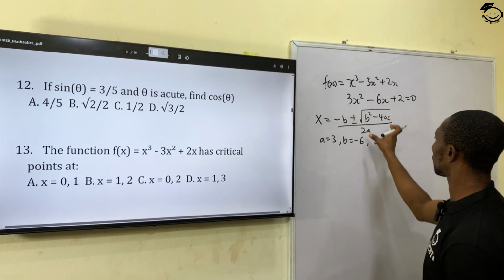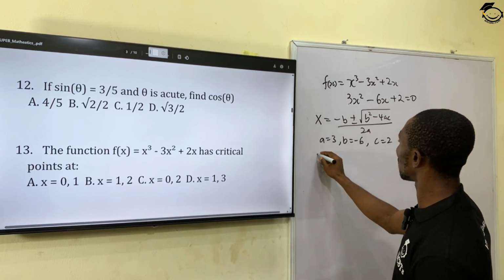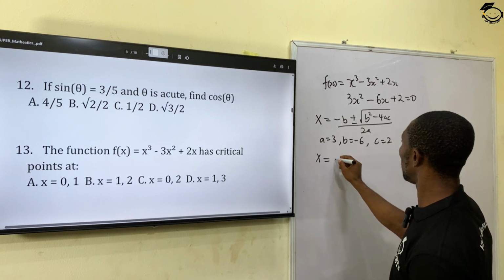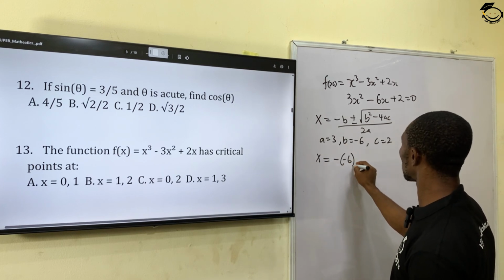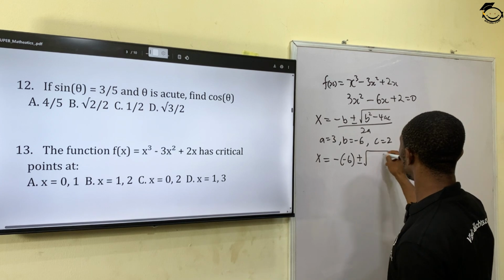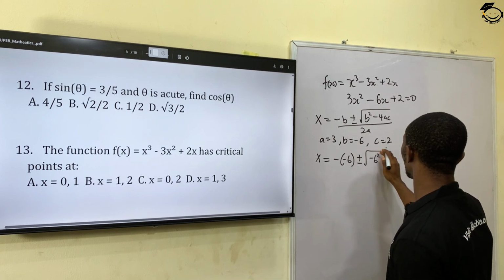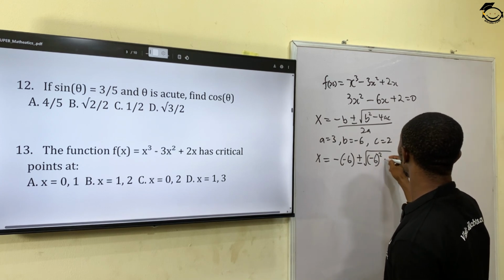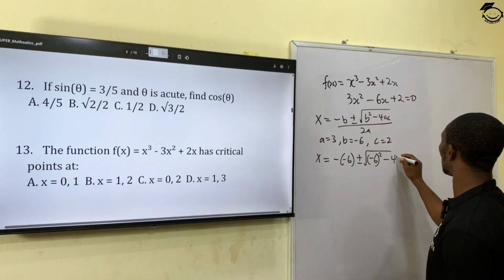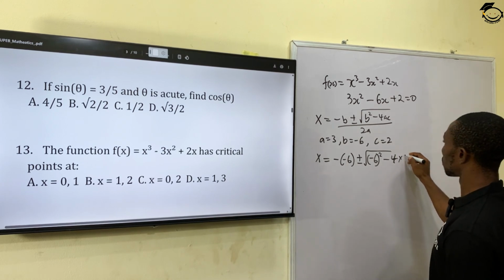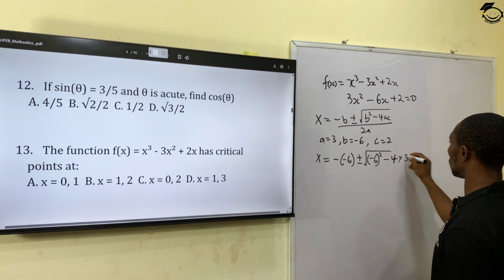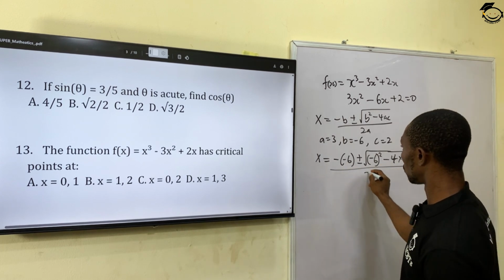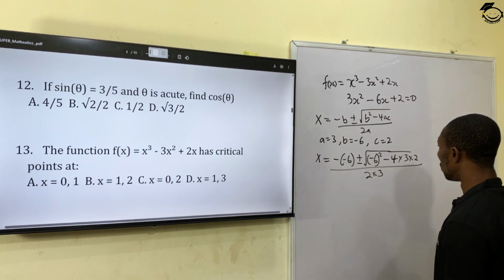Now, inputting these figures here, we have x equals minus minus 6 plus or minus root 6 squared minus 4 times 3 times 2, all over 2 times 3.